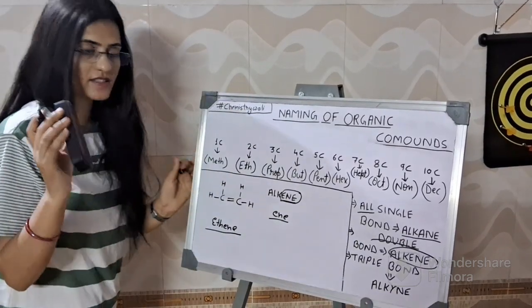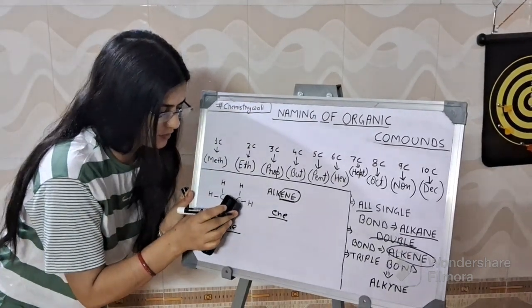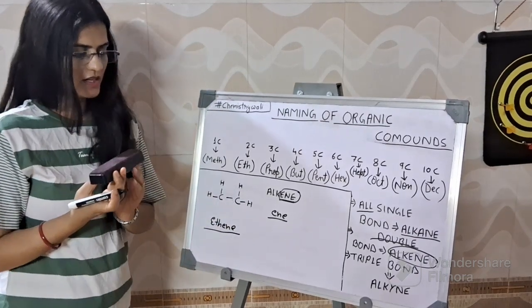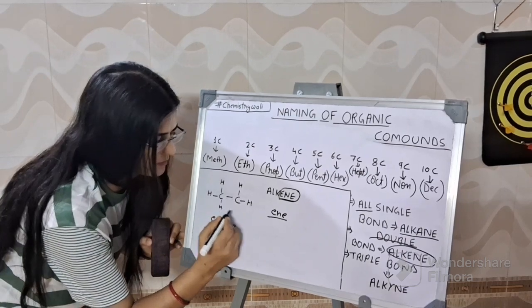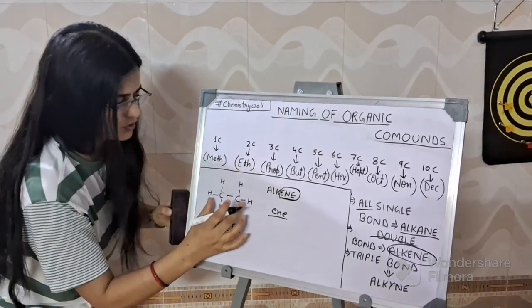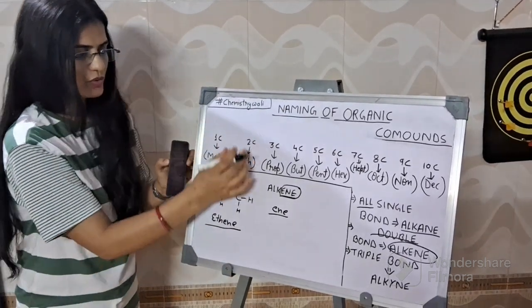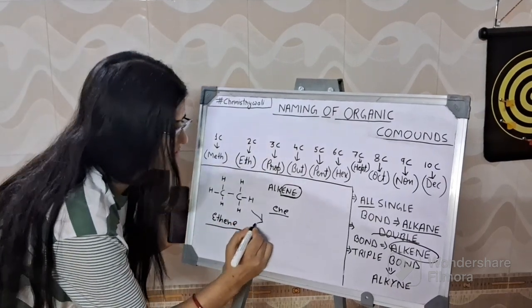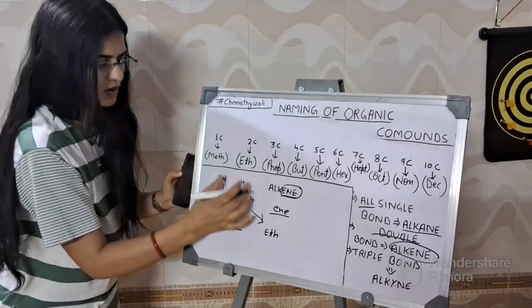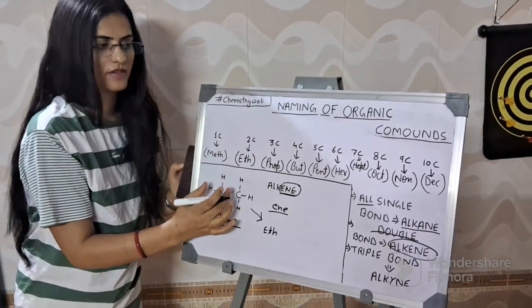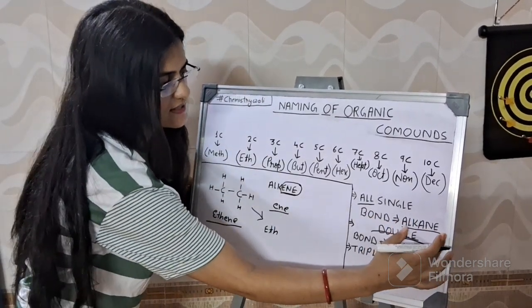Okay, let's change the situation. Suppose this will be a single bond. It means now 3 valencies, 1 more we will complete here. 2 carbons, for 2 carbons, eth. All are single bonds. When all are single bonds, this is an alkane.